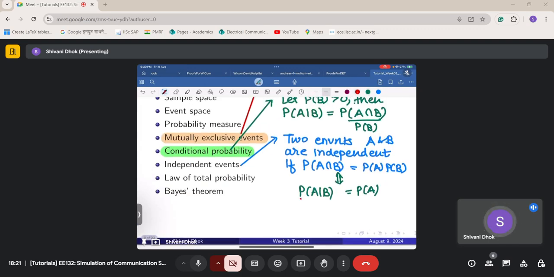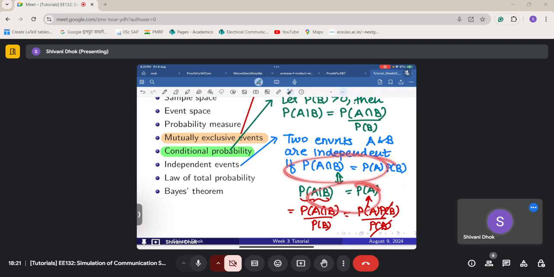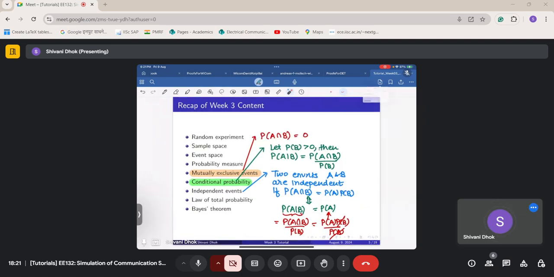The probability of A given B is equal to the probability of A intersection B upon the probability of B, which is equal to the probability of A times the probability of B divided by the probability of B. This gets cancelled, which gives me only the probability of A. Therefore, these two statements are equivalent. If this is happening, then this will happen, and if this is happening, then this will happen, which means that both of these statements can be taken as the definition for two independent events.